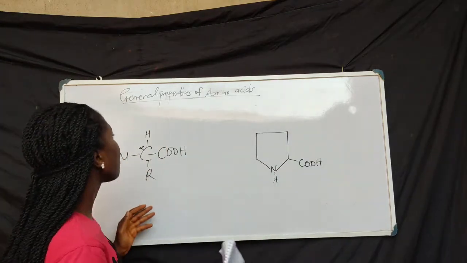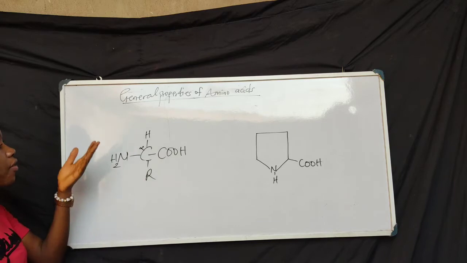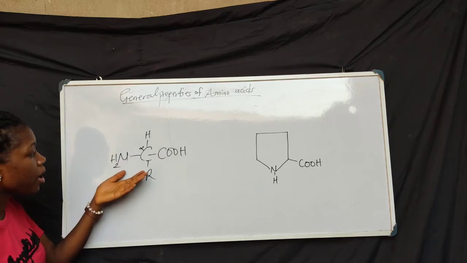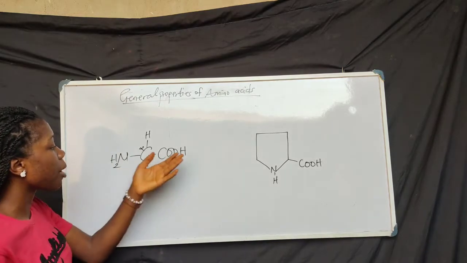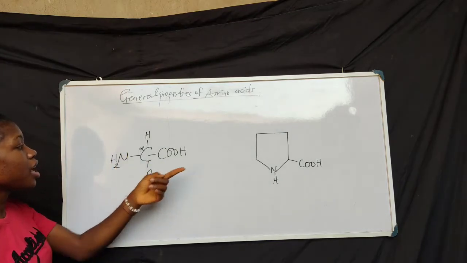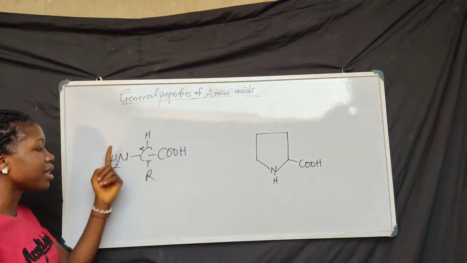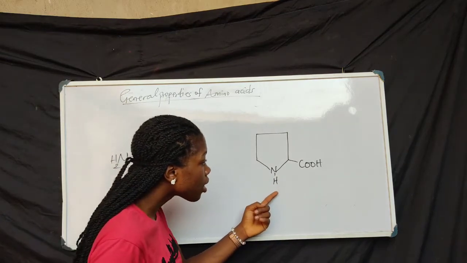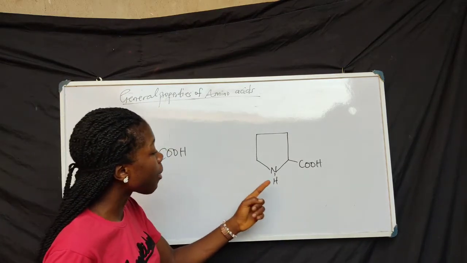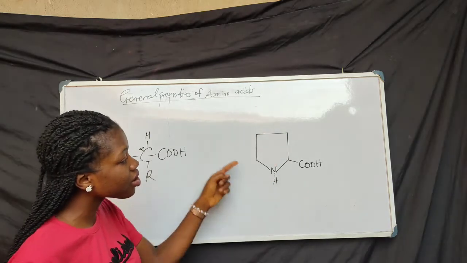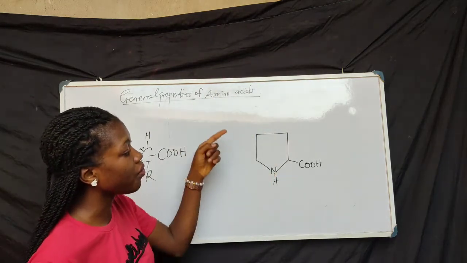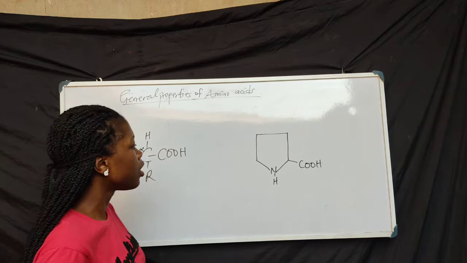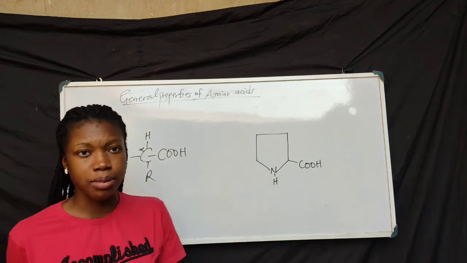So in other amino acids, we have a primary amine, and the amine group and the carboxylic group are attached to the alpha carbon, and so they are called alpha amino acids. But in proline, we have a secondary amine, and the amine group even forms part of the side chain. So proline is an exception here.